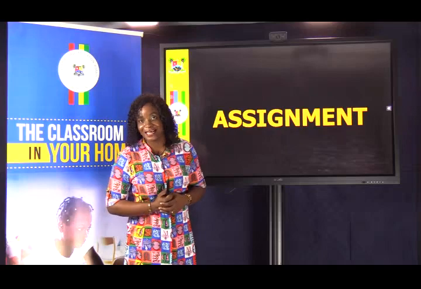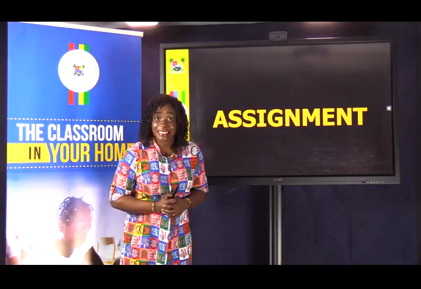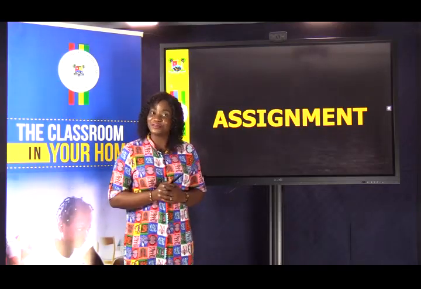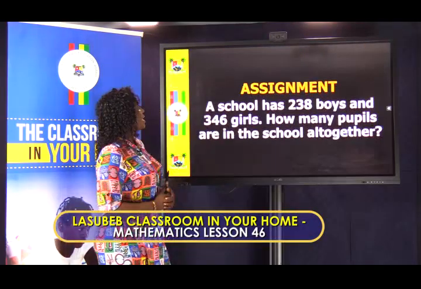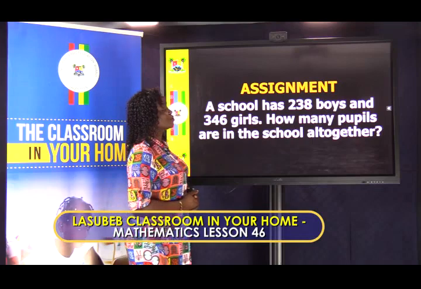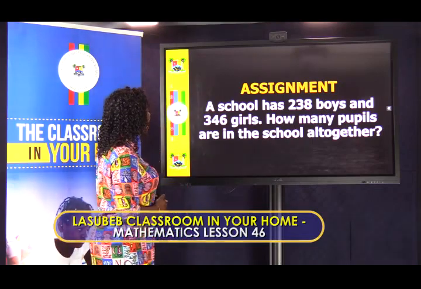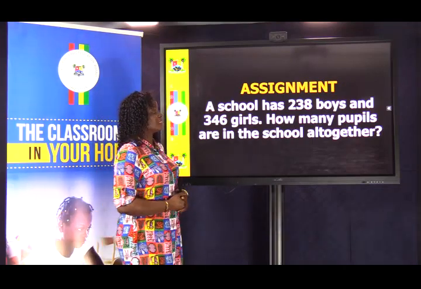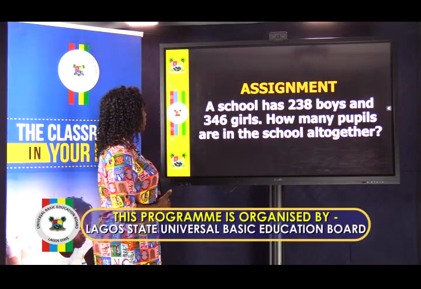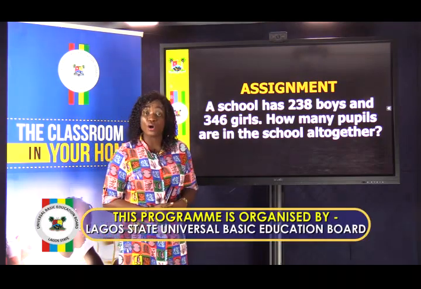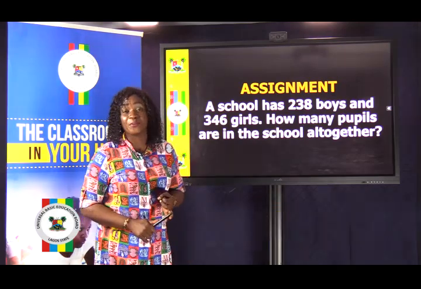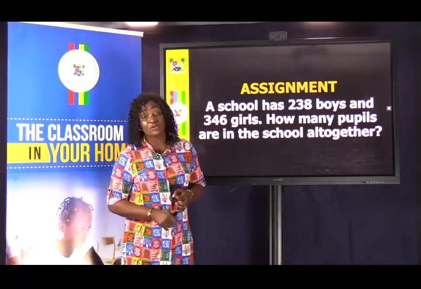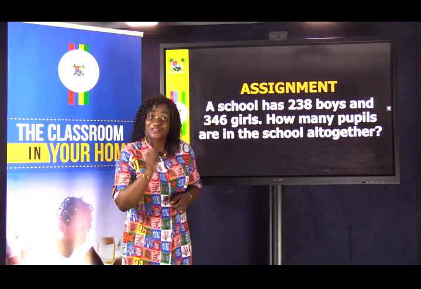It's assignment time. Remember, say it with me. You must do Auntie Tinu's homework. A school has 238 boys and 346 girls. How many pupils are in the school altogether? Remember, you read, you interpret, you determine if you are to add or subtract, then you solve.